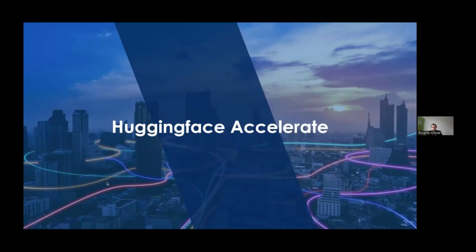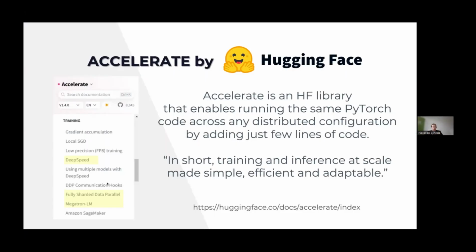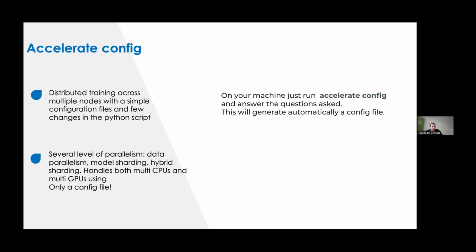Okay, so let's put in practice what we saw using HuggingFace Accelerate. In order to do training in a multi-GPU or a multi-node setting, in particular a fine-tuning in a multi-node setting, we can use Accelerate developed by HuggingFace. Indeed, Accelerate allows distributed training across multiple nodes, and is very convenient because the configuration is very easy.